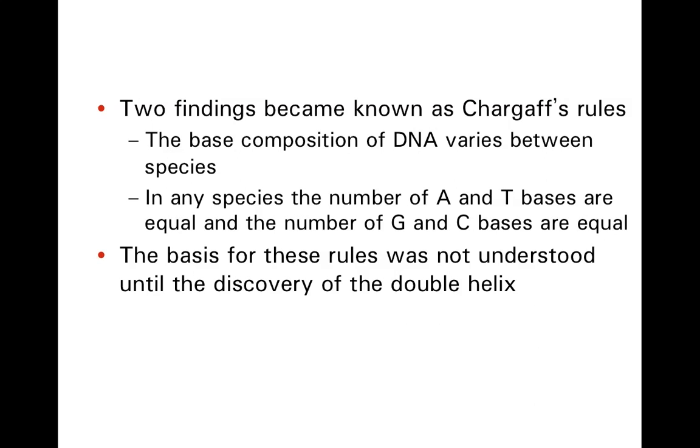The other of Chargaff's rules is that in any given species, the number of A's and T's are roughly equal, and the number of G's and C's are roughly equal. So now we're getting a little bit closer to understanding how and why DNA was the molecule that is going to transmit hereditary information.